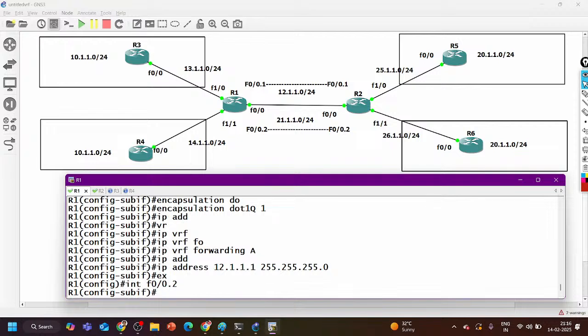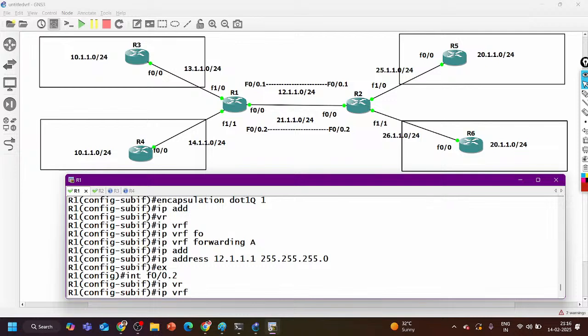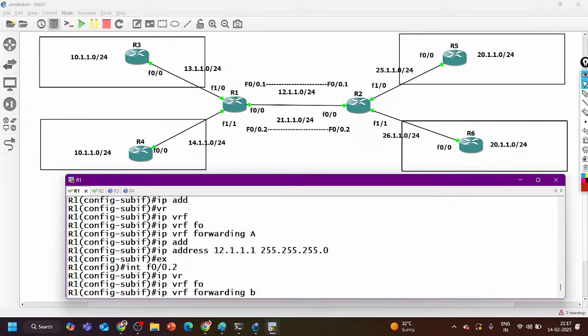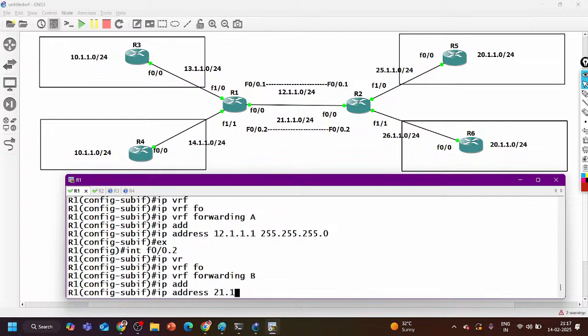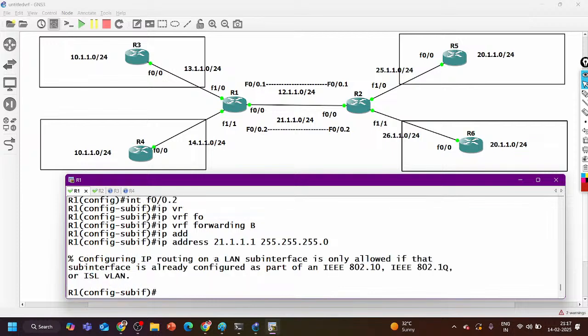Sir, why do we mention dot1Q encapsulation here? Already we have mentioned VRF forwarding A on the subinterface. So brother, how can you create the subinterface? If I run the command IP VRF forwarding B here and IP address 21.1.1.1 255.255.255.0, what is it saying?